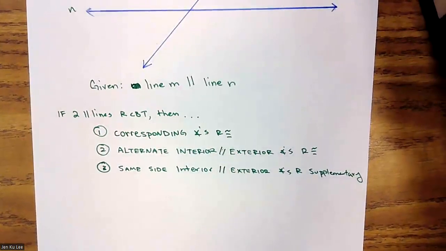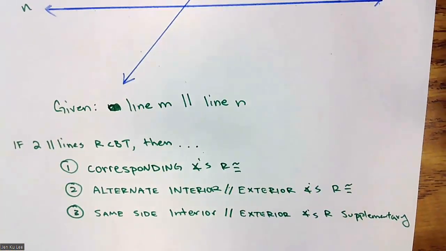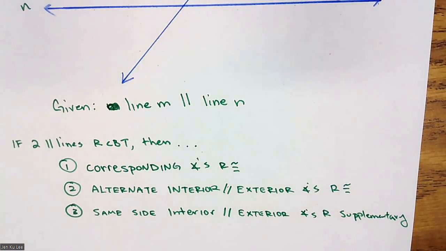If two parallel lines are cut by a transversal, then corresponding angles are congruent, alternate interior or exterior angles are congruent, and same side interior or exterior angles are supplementary. If you are confused with that, please refer to the video on the YouTube page, just to get familiar with that.